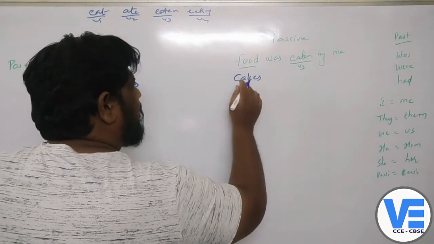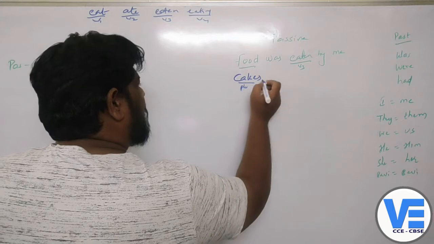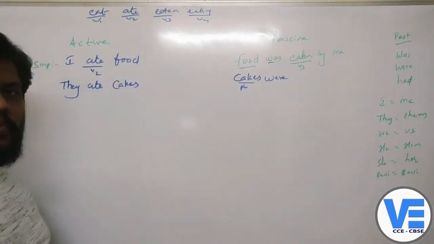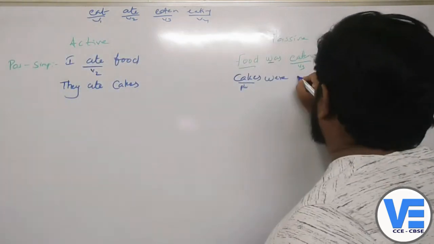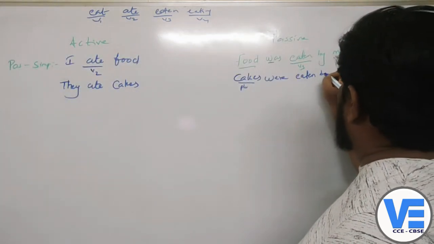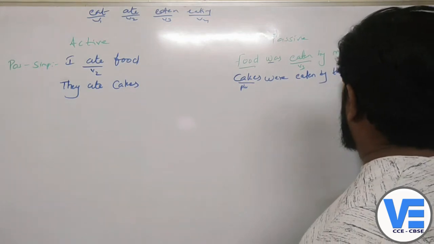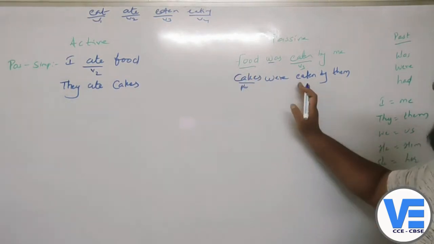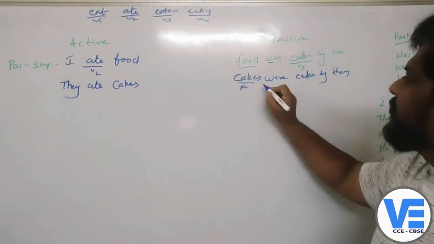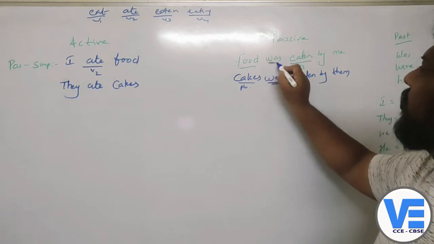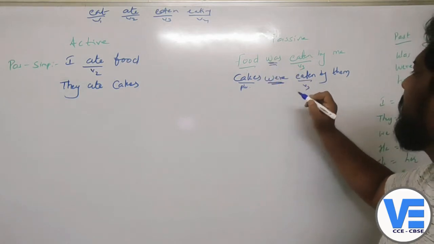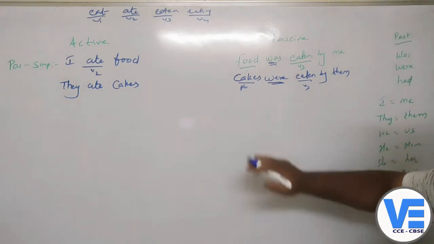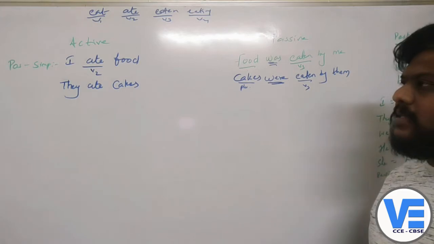Now cakes is plural, so we will not take was, but we will take were. Cakes were eaten by them. This is the way you write the active voice and passive voice of the past simple. When it is plural we use were, when it is singular we use was. Basically V3 is used here. No much complication here. Past simple is as simple as that.